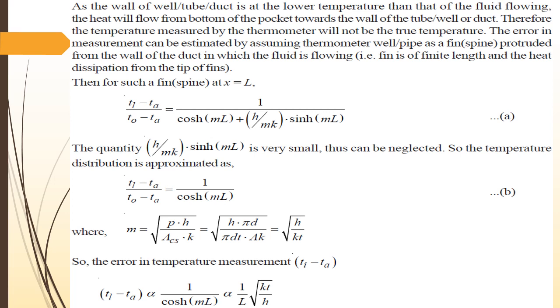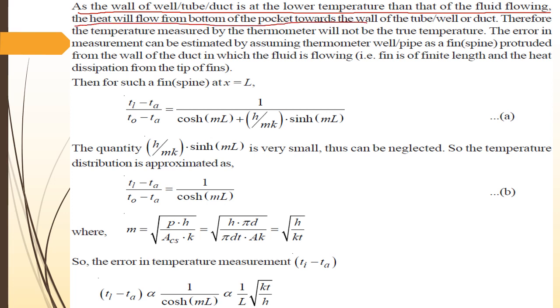So friends, you can see here, the wall of the well or tube or duct is at a lower temperature than that of the fluid that is flowing, because the material which we have selected has its own thermal conductivity, and because of that it has its own resistance.